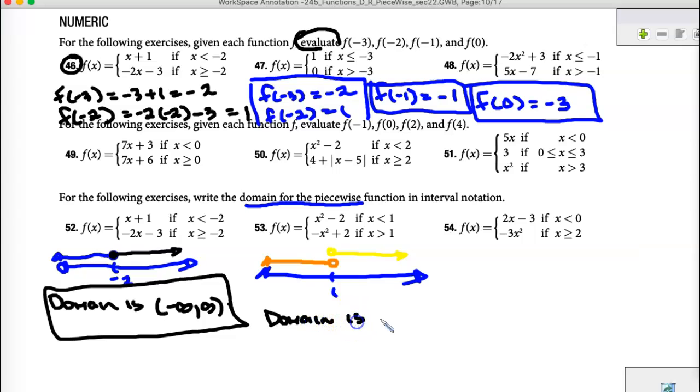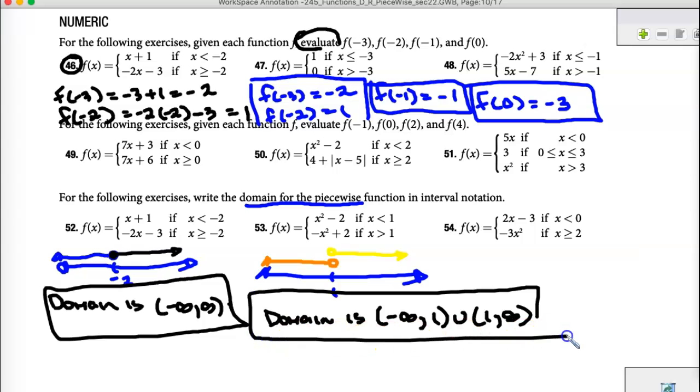So the domain is -infinity to 1, union that with 1 to infinity, and they asked for interval notation. What would be the domain for number 54? And I'll let you give that a try. Your turn. And then you will put your results in the, we'll figure out what we're going to do with that.